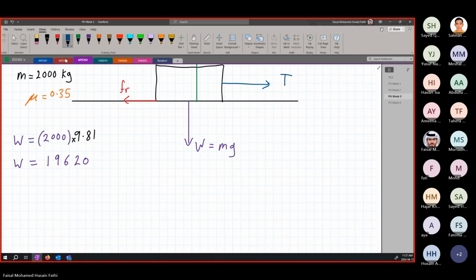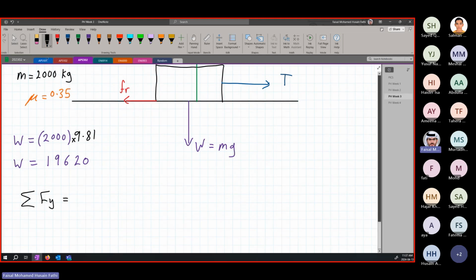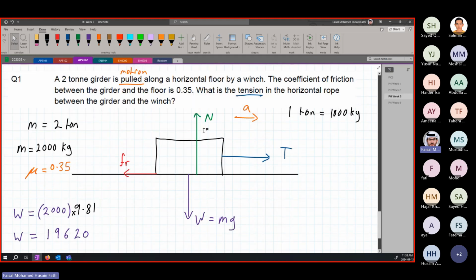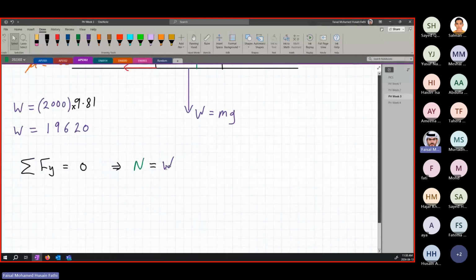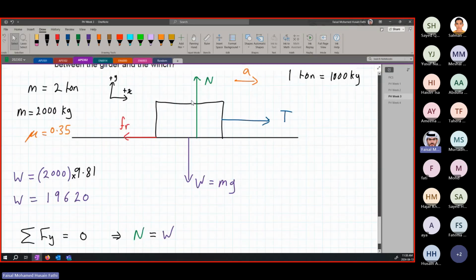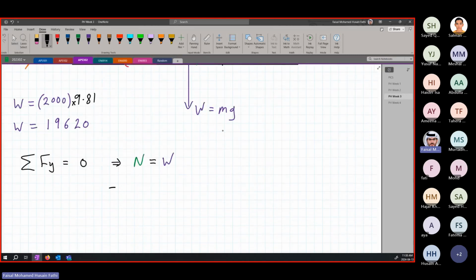Now, we know that sigma Fy is equal to 0. This implies that the normal force is going to be equal to the weight. We can directly say that, as there are no other forces in our y direction, if we assume that this is plus x and plus y. There's no acceleration either. So this shows that N is equal to the weight, which is 19,620 newtons. This is in newtons.